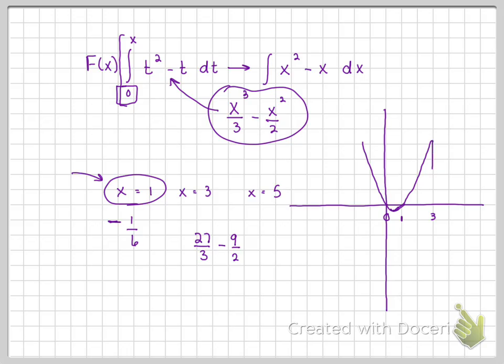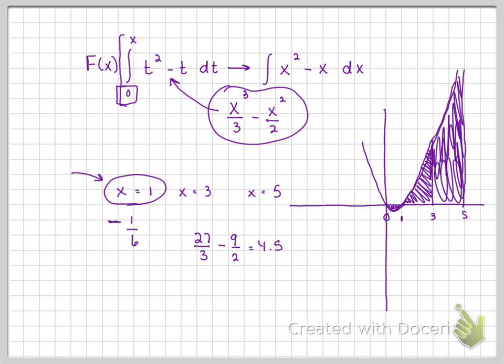In other words, from 0 to 3, the area under the curve is 4.5. And then, of course, if our curve went more and more into bigger y's and bigger x's, we could get then the curve from 0 to 5. Okay, so that's what the second fundamental theorem of calculus does for us.